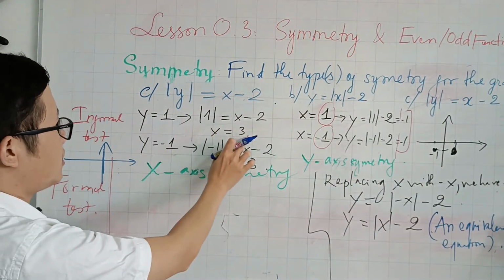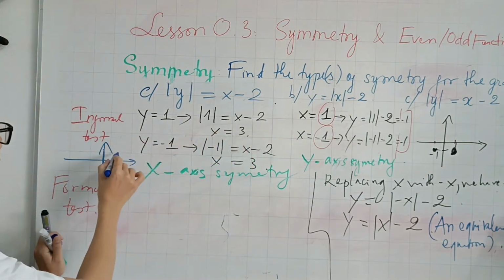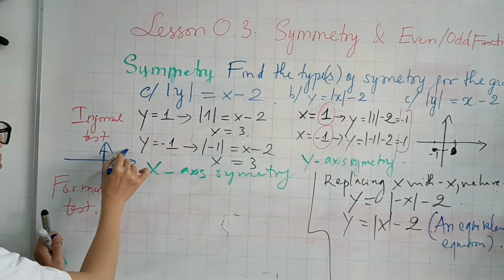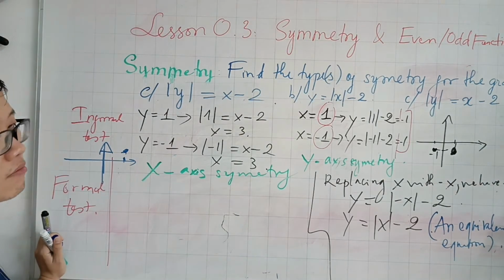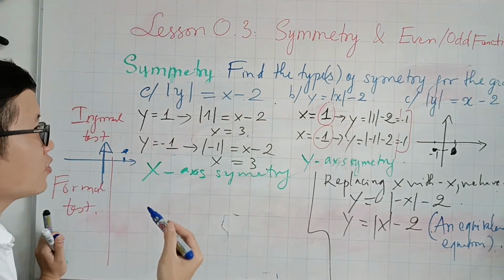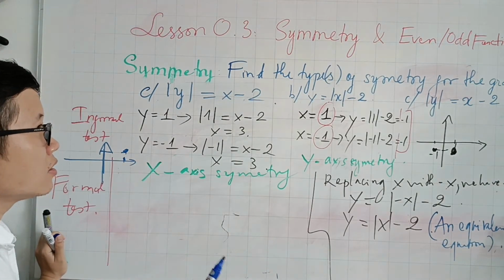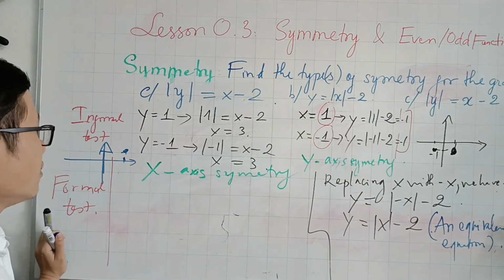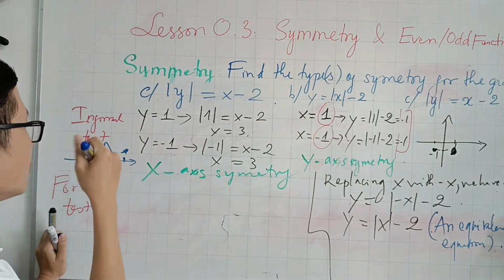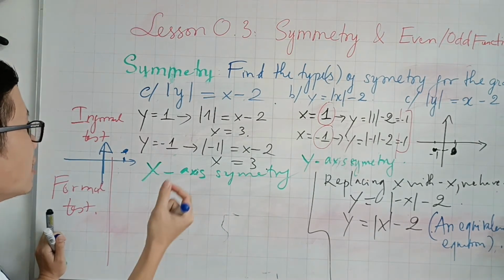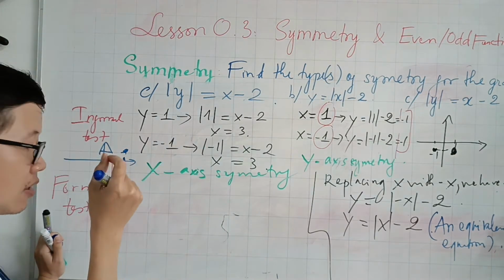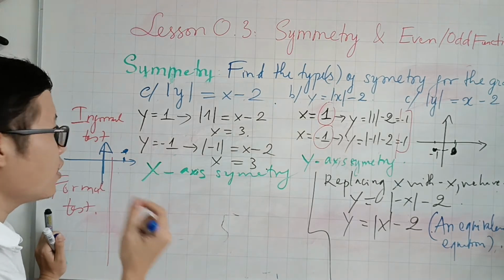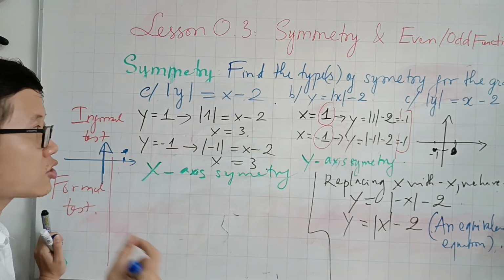The first point is (3, 1). You cannot place this point with the exact coordinates, but you must place it in the correct quadrant.